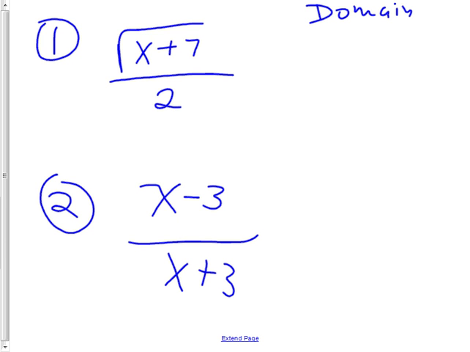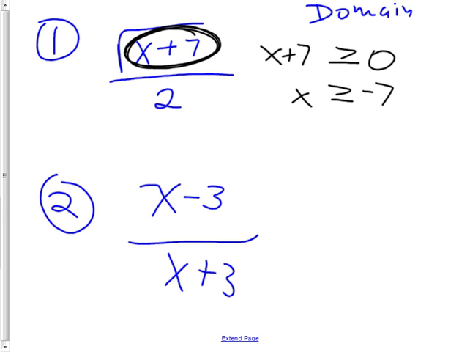I don't know what's happening, but let me show you. You don't set this whole thing to be greater than, you just set this part right here, just this part. X plus 7 needs to be greater than or equal to 0. Remember that? Anything that is a square root, you set greater than or equal to 0. So now I solve that and I subtract 7 from both sides. X greater than or equal to negative 7. Why didn't we switch the signs?